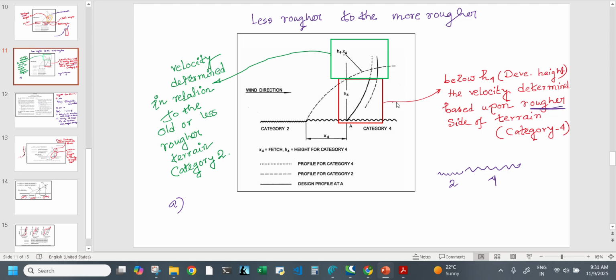That means category 4 is V4, and this is V2.